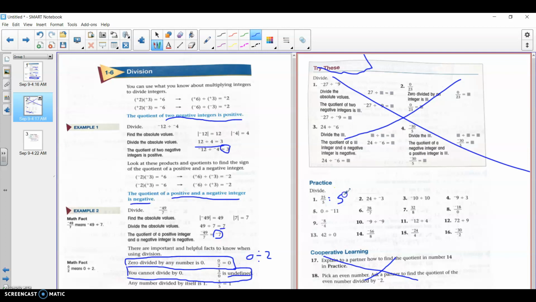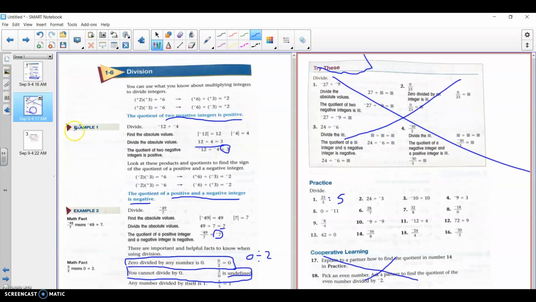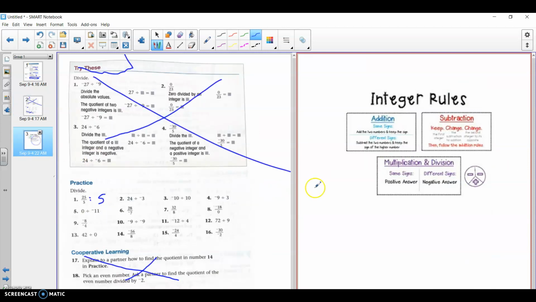And on this problem, I have same signs. So same signs, positive answer. So then if I go back over here, I know to just keep it as 5. Okay? And then I'll just give you a little hint on number 2. I won't do the math for you, but it's different signs, which means you should have negative in your answer. All right, that's today's work and assignment. Go ahead and get started.